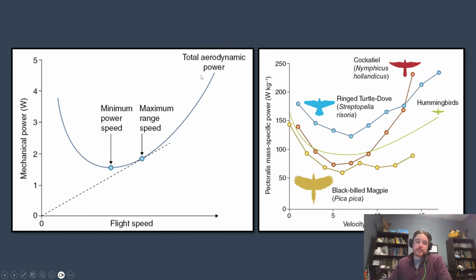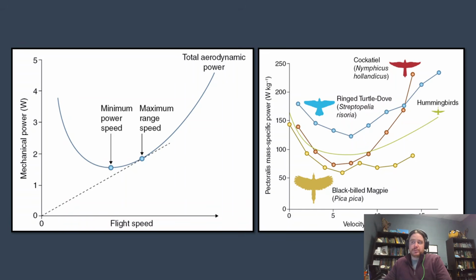And at very high speeds, it's a massive amount of power consumption to continuously propel yourself at that speed. At the bottom of this curve, there are 2 points that are particularly interesting. The minimum power speed, and that is the speed at which you can stay in the air the longest. In other words, where you use the least total amount of power.